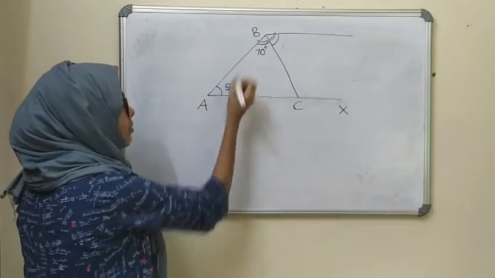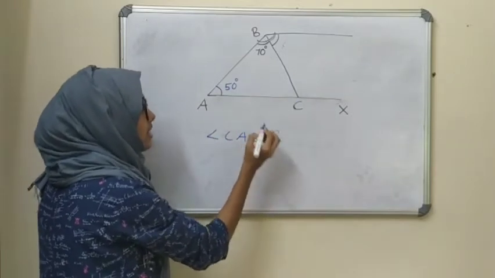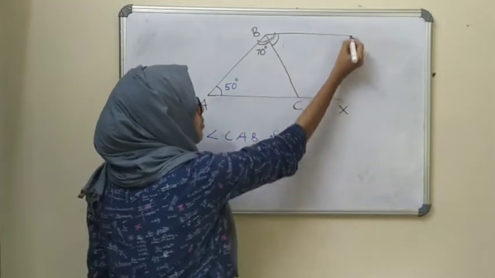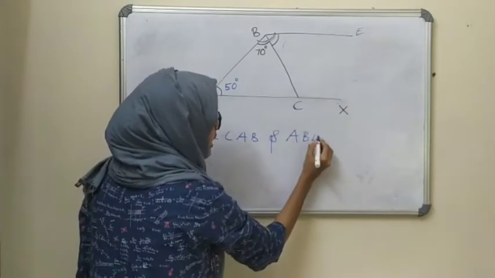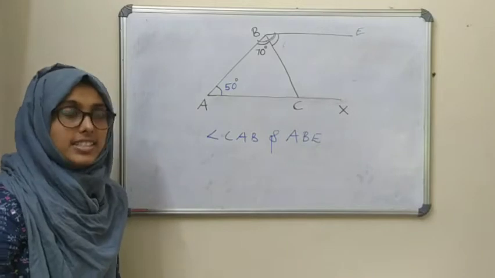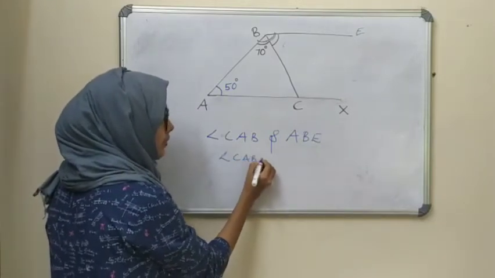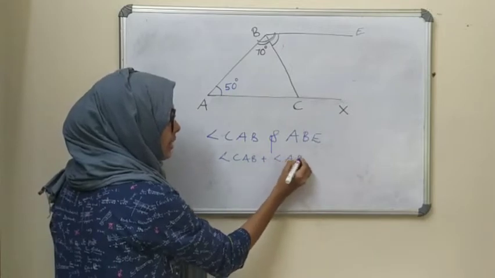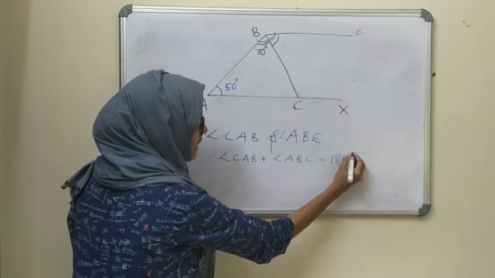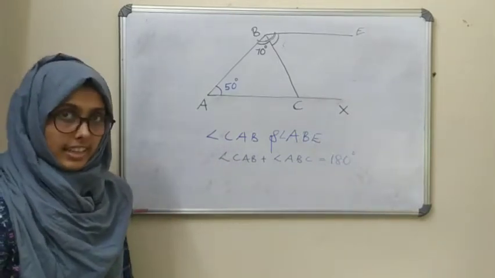So angle CAB and angle ABE, suppose this is E, these two angles are co-interior angles, and the sum is angle CAB plus angle ABE equal to 180 degrees. You know that, isn't it? Because those are co-interior angles.